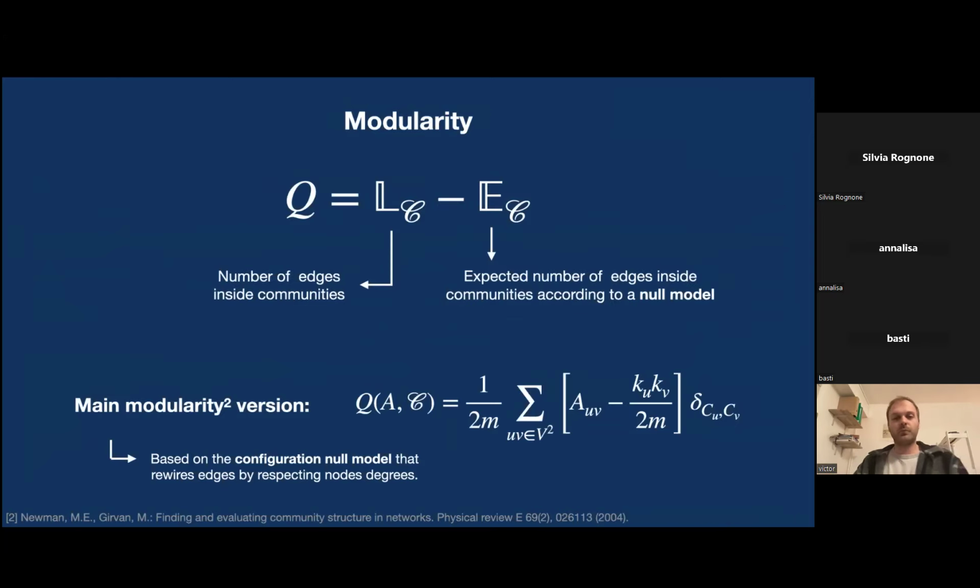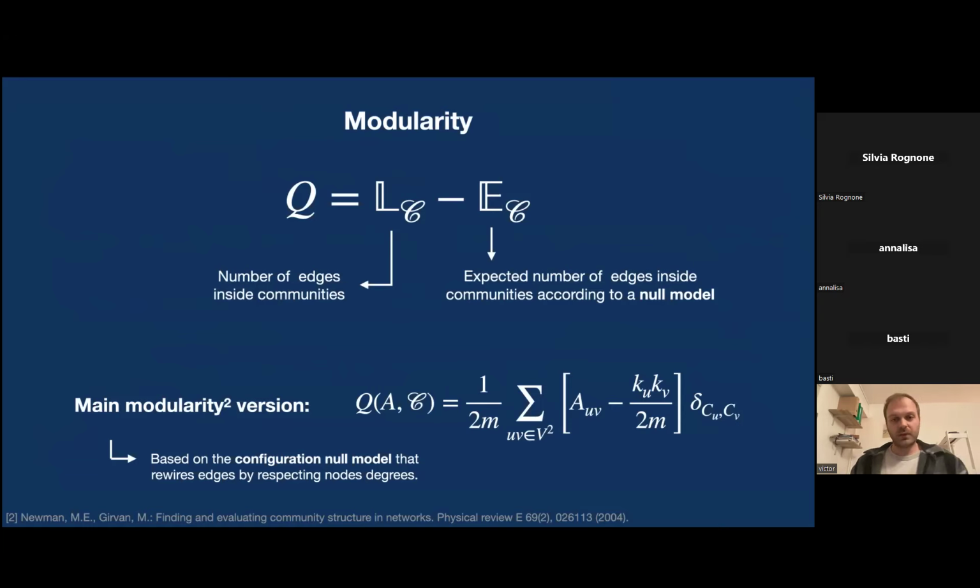So I will first talk about modularity, and try to introduce it again. Like I said, it's a very famous formula to qualify the quality of community structures on static networks.